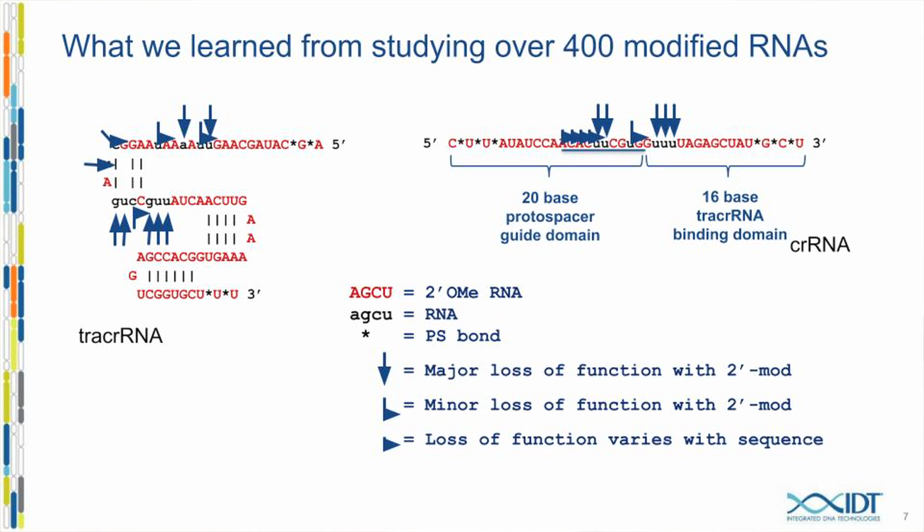The prior one was the map of the tracrRNA. It doesn't matter what they are. What matters is that we can make these maps that show residues that can't be modified as opposed to residues that can. So for the commercial product that we've launched, the tracrRNA that we have is 58% 2'-O-methyl. This conveys additional stability and helps protect from immune response.